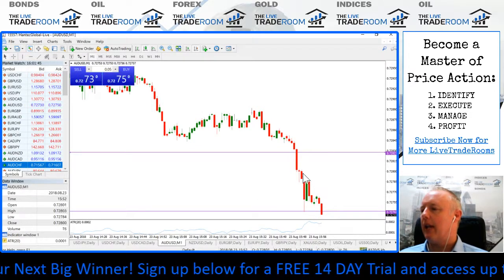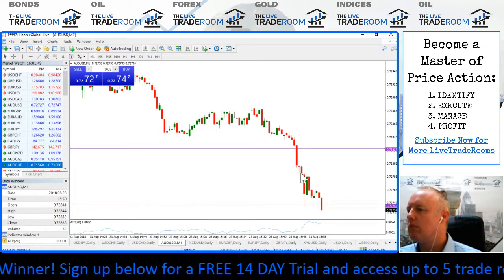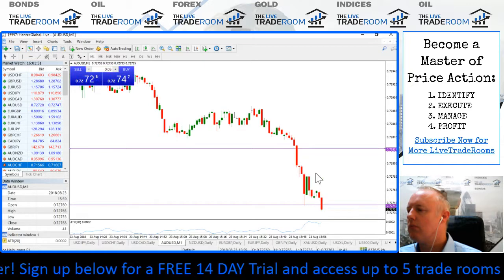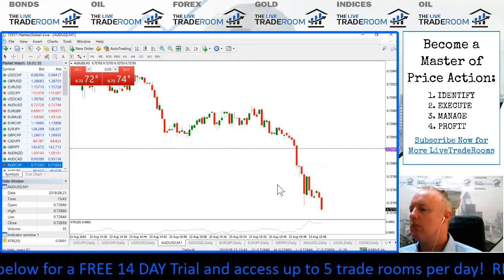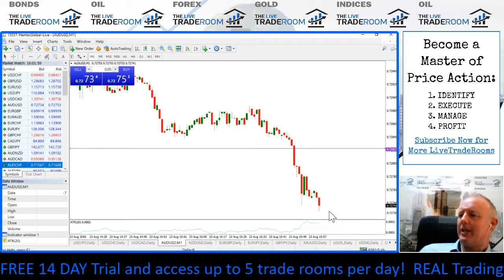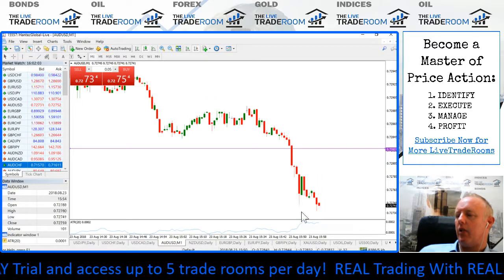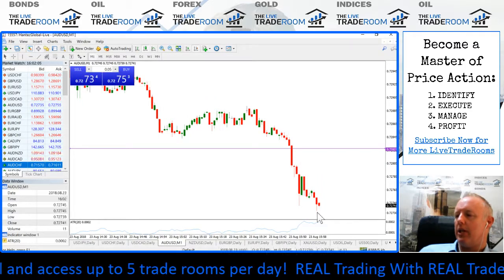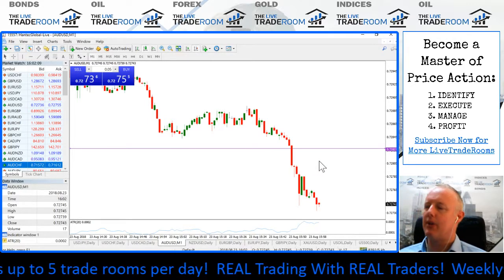So now we're extending lower. So all we're simply going to do with this market, it's the only market that we're interested in trading and selling, is to just wait patiently now for the pullback. It always comes.